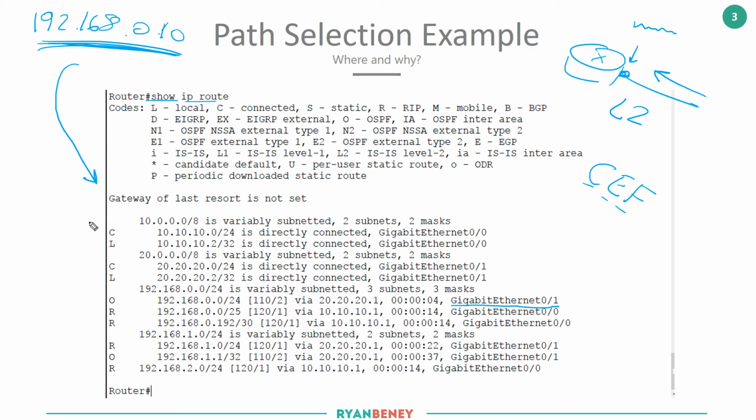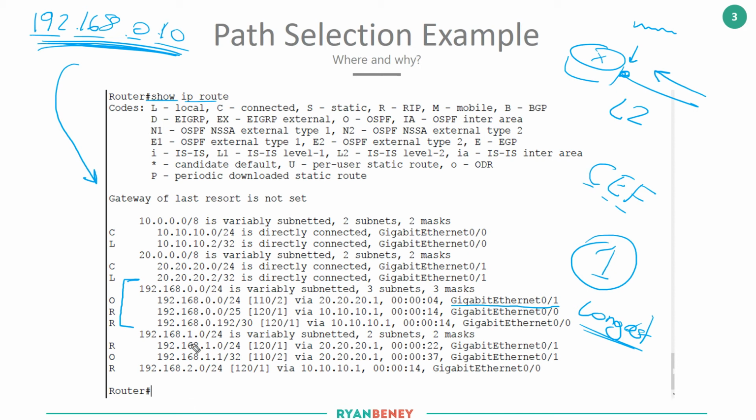Well, first things first, it will try to find the first match, which I said previously is the longest match. So we try to find the most bits in common with our destination. So just quickly looking at the routes that we have available to us, we can see that the 192.168.0.0/24 contains the 192.168.0.10 destination.